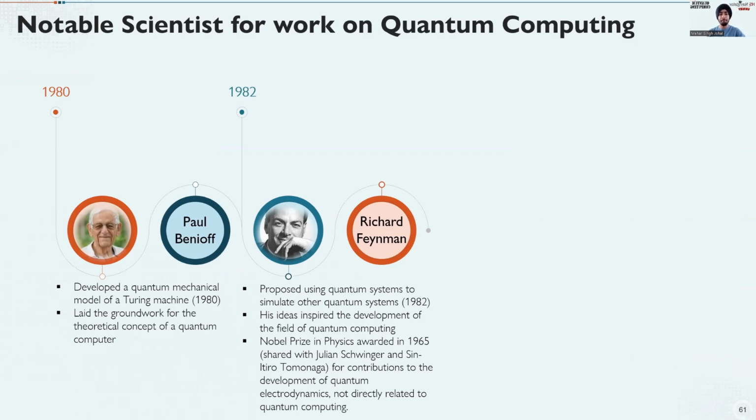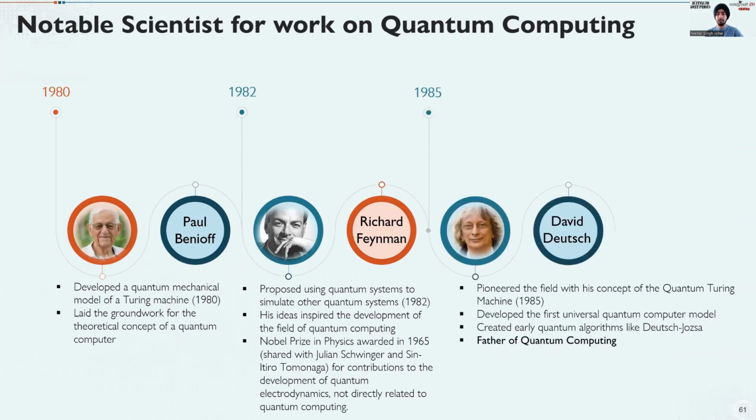He was awarded a Nobel Prize in Physics for his work not on quantum computing, but on quantum physics and the quantum dynamics of electrons. Deutsch, who also worked on quantum Turing machines and developed the first model of the universal quantum computer that we talked about, is typically considered the father of quantum computing.